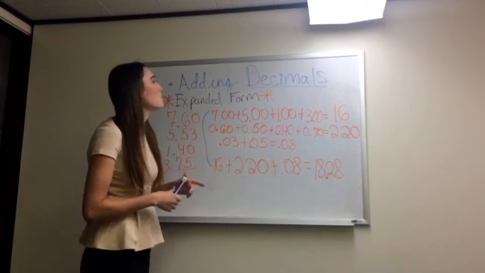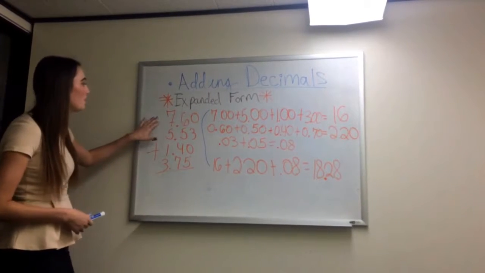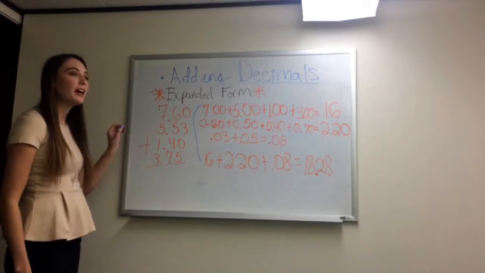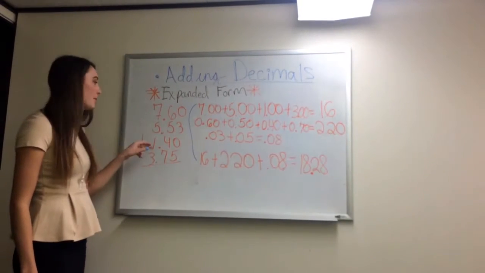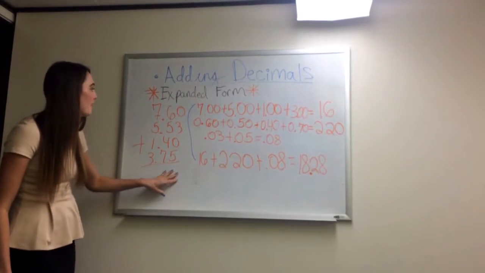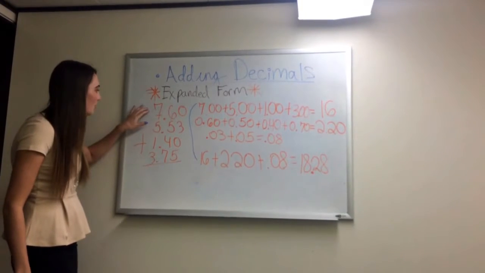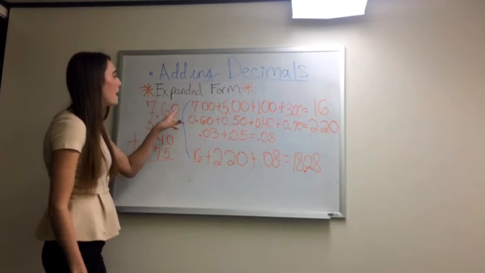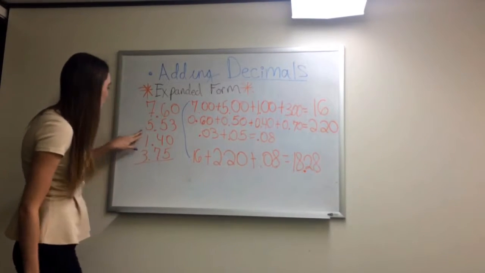The strategy we're going to do is expanded form. So our problem is 7.60 plus 5.53 plus 1.40 plus 3.75. And how I expanded the form was I started in our ones place. So I'm going to add all of our ones place items right here.